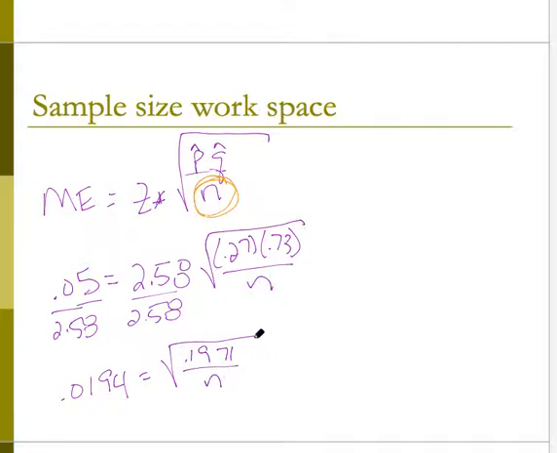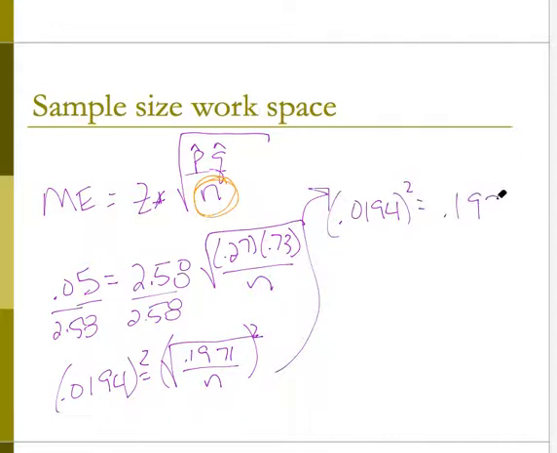My next step would be to square this. I'm not going to use my calculator yet. So 0.0194 squared is equal to 0.1971 over n.